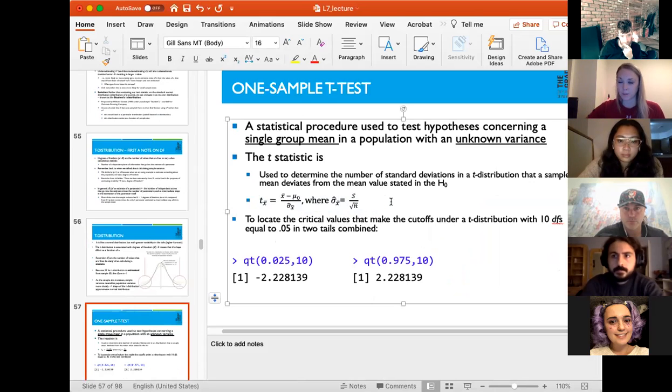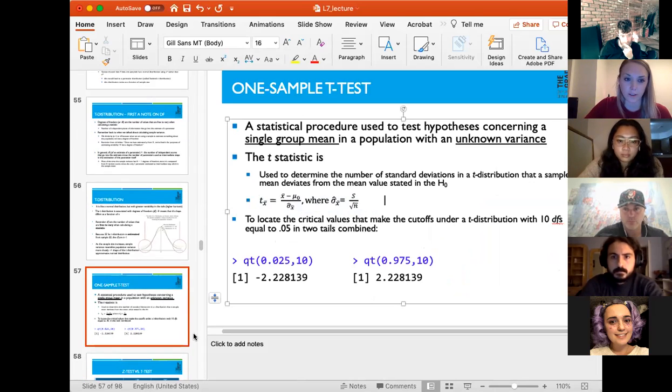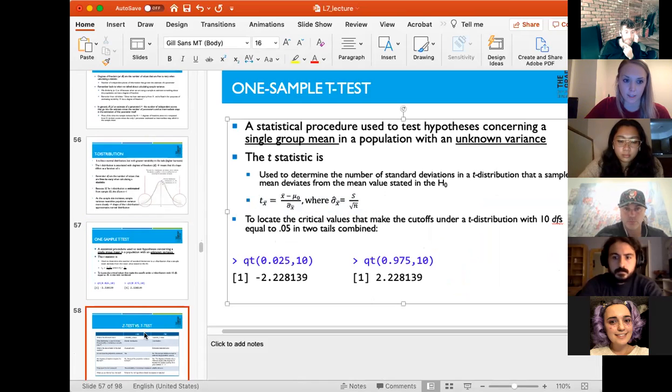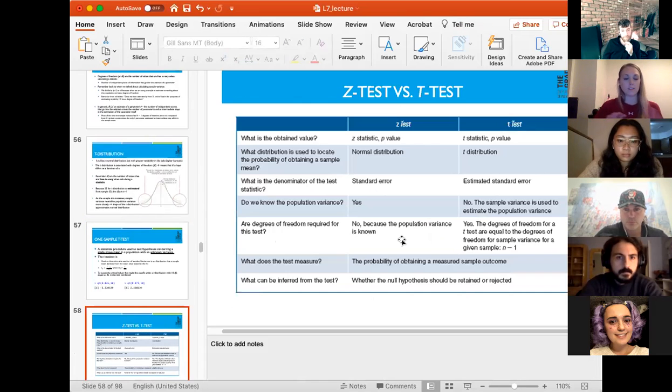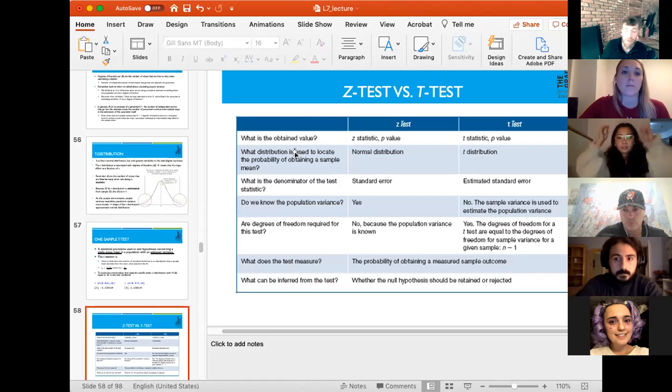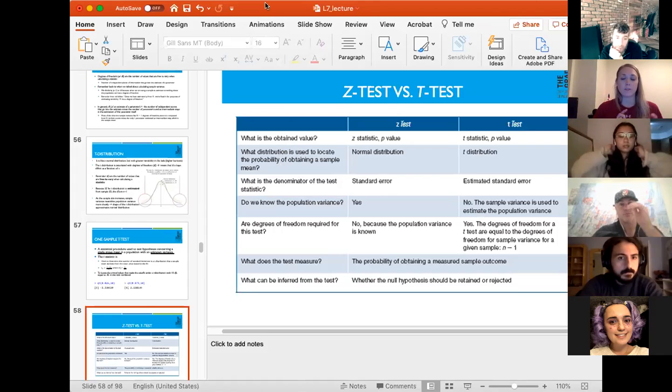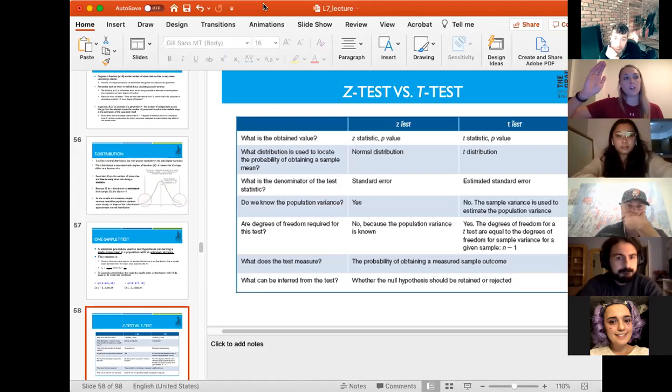Make sense? So we're almost out of time, so I don't think we have time to jump into the R bit yet, but let me just go through this. We'll come back to that next week. And let me just go very briefly through these differences, because as we go through the course, with all these different statistical tests, it's very easy to get overwhelmed with how many of them there are.